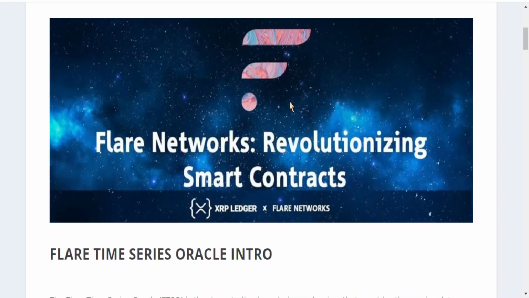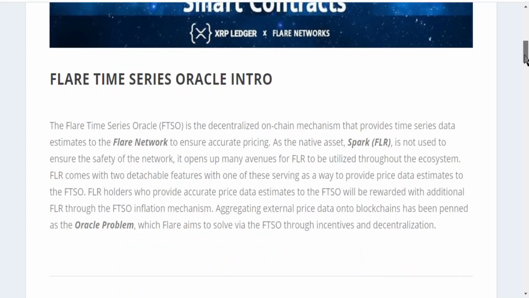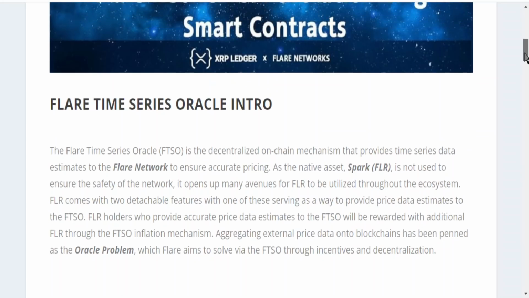So this is the reward mechanism that replaces them. So when you delegate your vote for your Spark, you earn rewards from the Flare Time Series Oracle. And we're going to go into that a little more in today's video, exactly how that process works and why oracles are so important in crypto assets and blockchains in general.